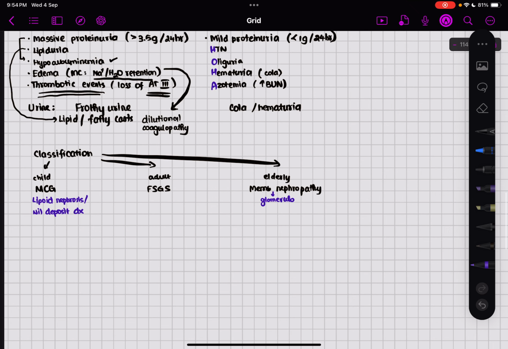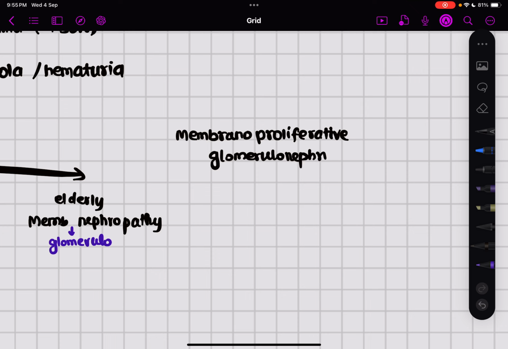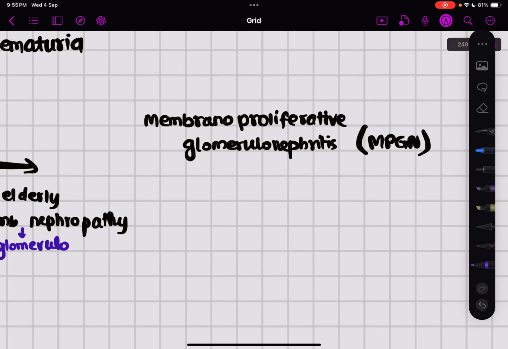And under the general classification without the age group, we also get membranoproliferative glomerulonephritis, MPGN. It is also known as mesangiocapillary glomerulonephritis.